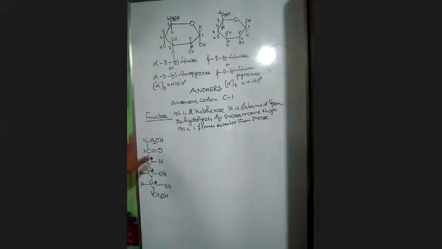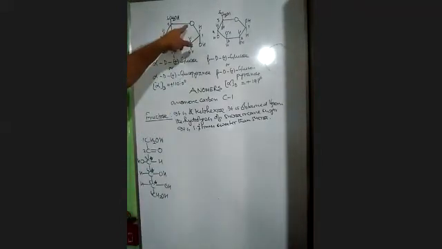Now it also shows a cyclic structure. In case of glucose, we have found that this oxygen reacts with the aldehyde. So what was the structure? See here, 1, 2, 3, 4, 5, 6.